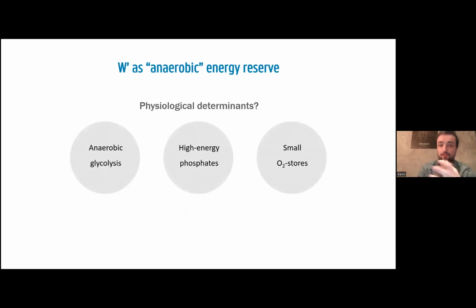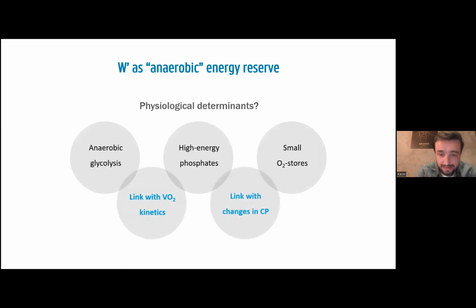If you look at the physiological determinants, it's related to everything that has to do with glycolysis, the high energy phosphate, so the phosphocreatine that I showed you in the previous slides, and a small contribution of intramuscular oxygen stores. But we know today that W prime is very closely related to VO2 kinetics as well, and also very closely related to changes in critical power.